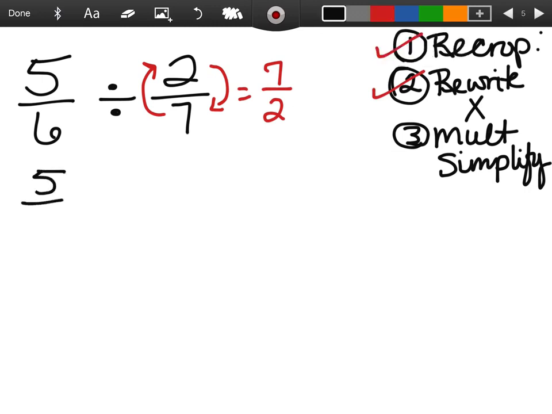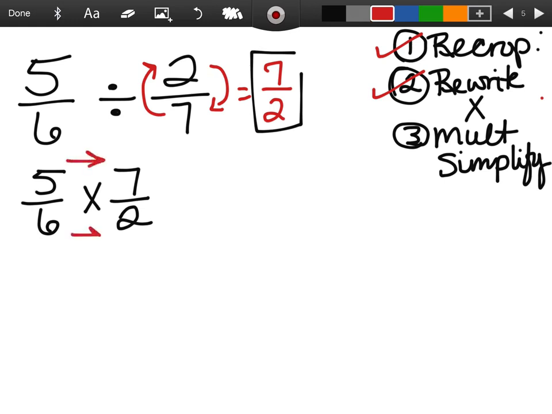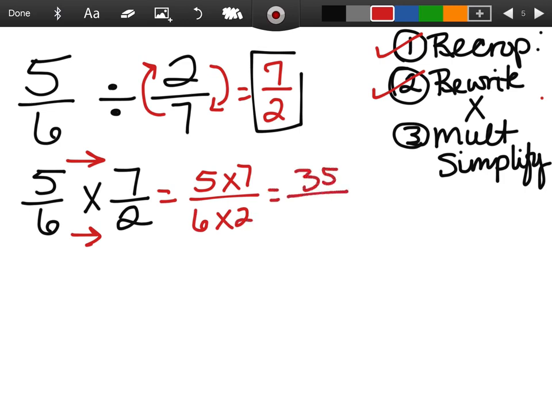So I've got 5/6 times my new 7 over 2. Now I'm going to do just what I did before, multiply, simplify. So multiply straight across. I get 5 times 7, and on the denominator 6 times 2. Well, I know 5 times 7 is 35, and I know 6 times 2 is 12.